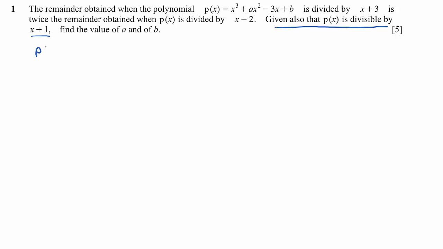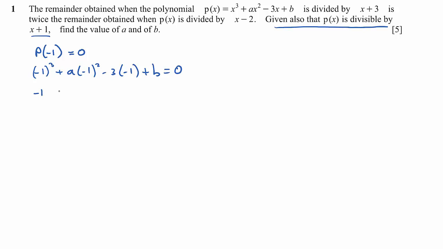What that tells me is that p of negative 1 is equal to 0. So p of negative 1 is negative 1 cubed plus a times negative 1 squared, take away 3 times negative 1, add b, and we know that that's equal to 0.